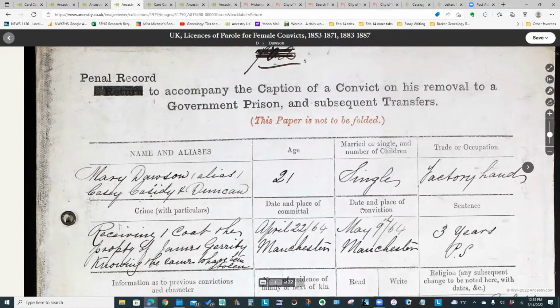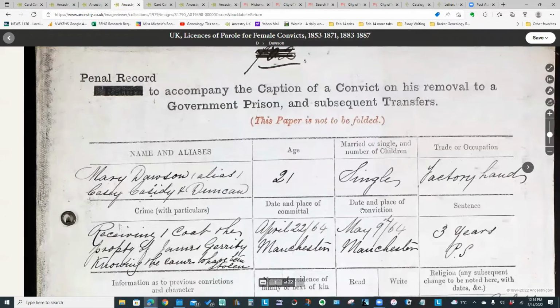And these documents were a record of the approval for them to wander freely instead of continuing the rest of their sentence in jail.